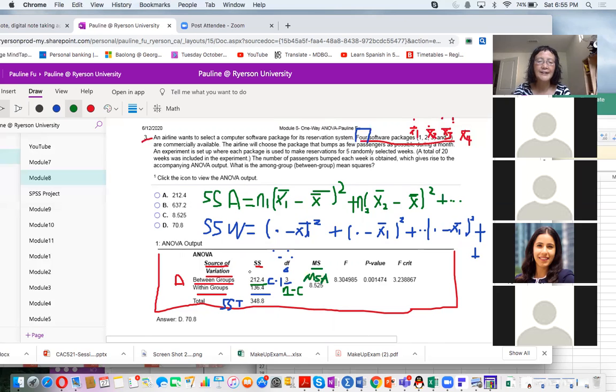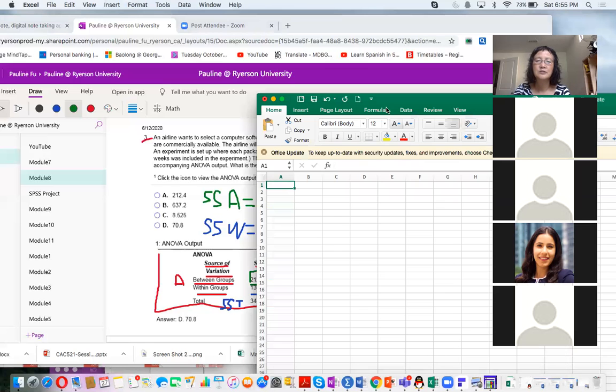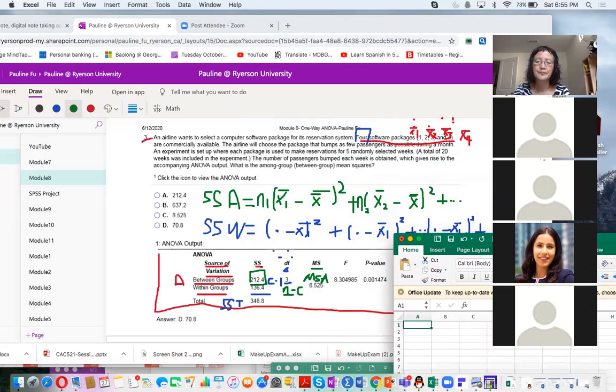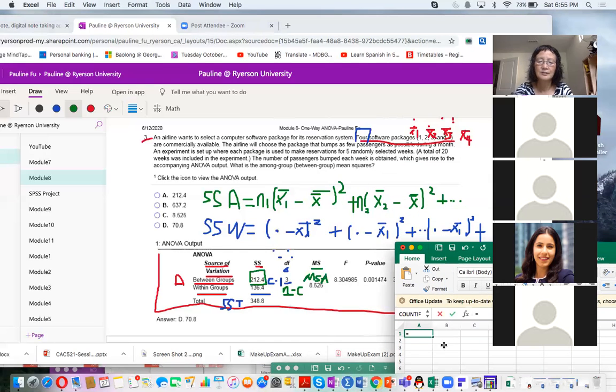You use SSA, 212.4 divided by 3, you get MSA. Okay, so you use 212.4 divided by 3, and this result is MSA.